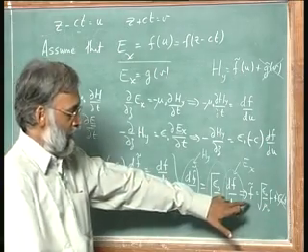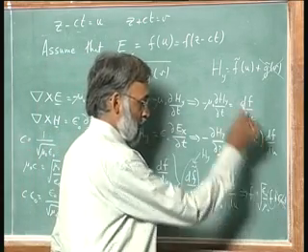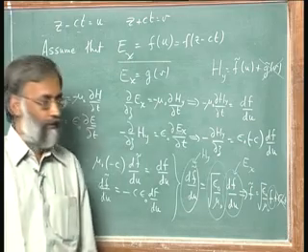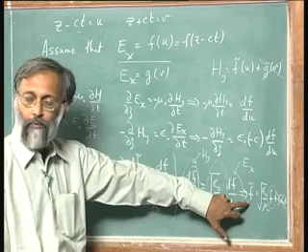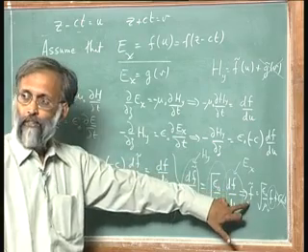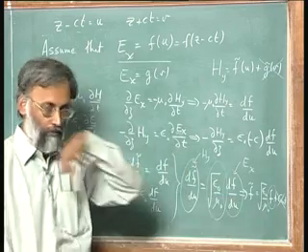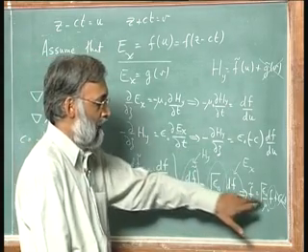So, it tells us that whatever shape you take for f, it can look like a man, it can look like a triangle, it can look like a square, it can look like anything at all. The same shape is there for the magnetic field. It is scaled by a factor epsilon naught over mu naught square root, but otherwise magnetic field and the electric field are the same function.